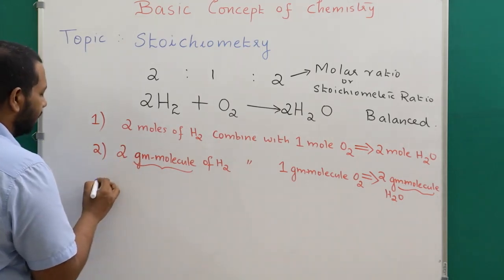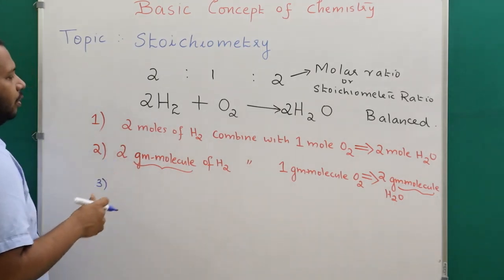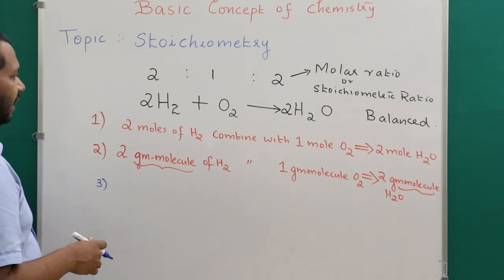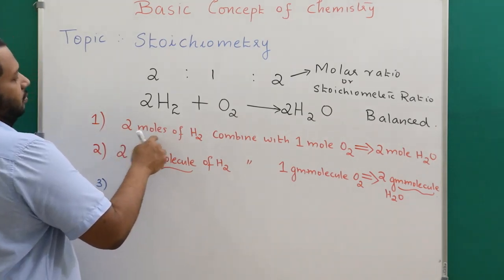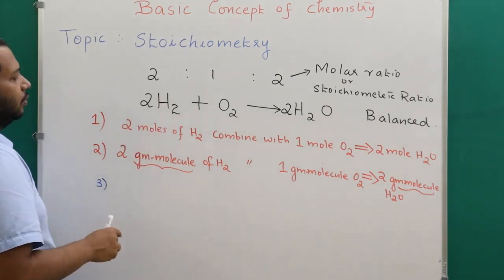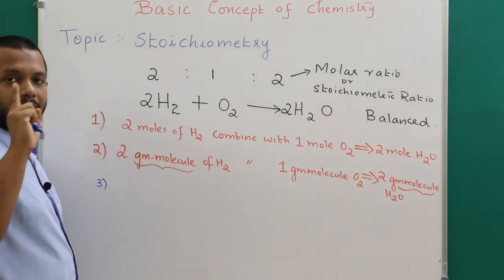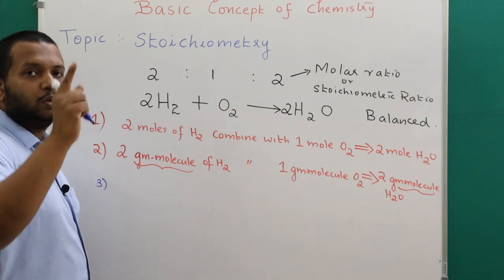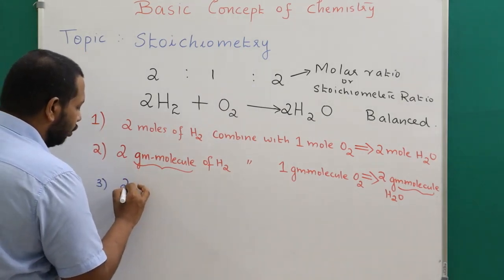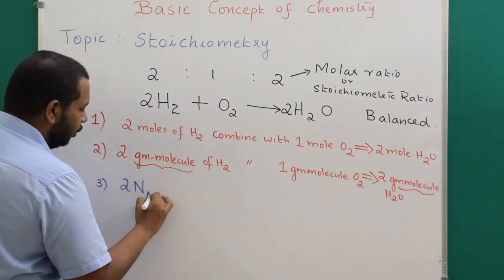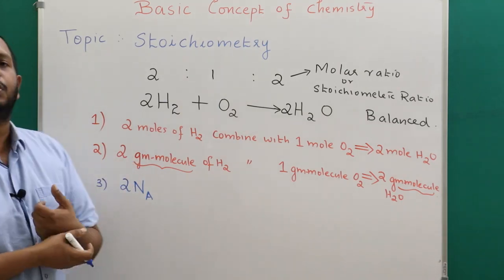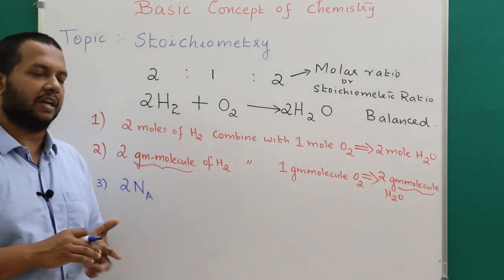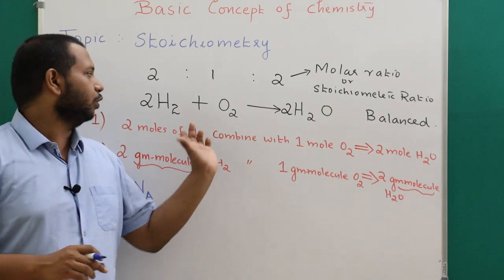This can be represented as number of molecules also. 2 moles is equal to how many molecules? We know that 1 mole is Avogadro number of molecules. So 2 moles is 2 into Avogadro number, 2 Na, or explicitly 2 into 6.022 into 10 power 23, that is 12.044 into 10 power 23 molecules of hydrogen.